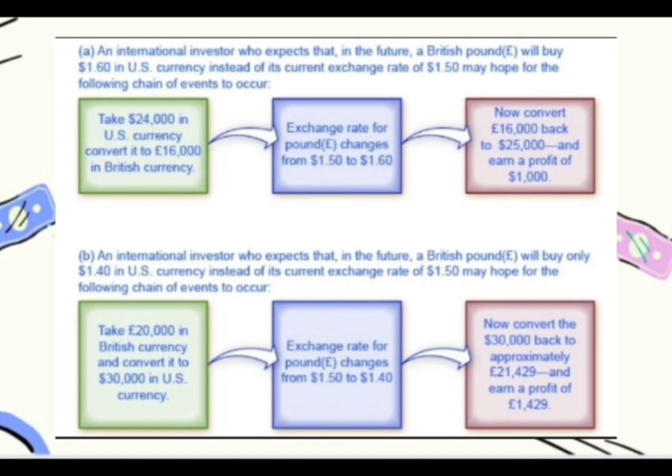Now, they get about 21,429 pounds, which is more than the 20,000 they started with. So, they make a profit of 1,429 pounds. In both cases, the investor makes money by buying and selling currency based on how the exchange rate changes.